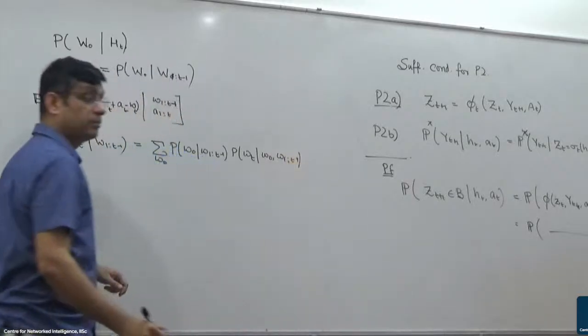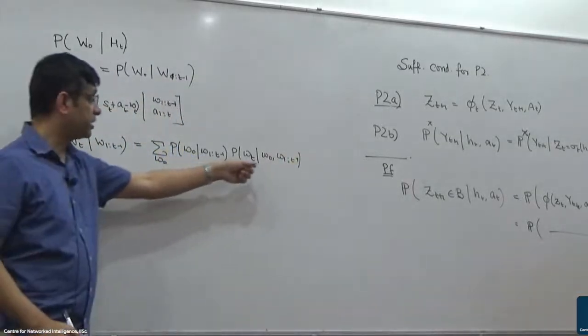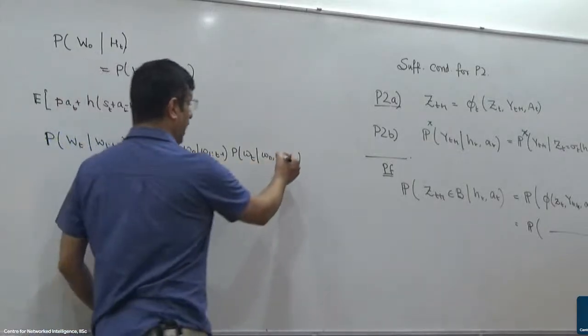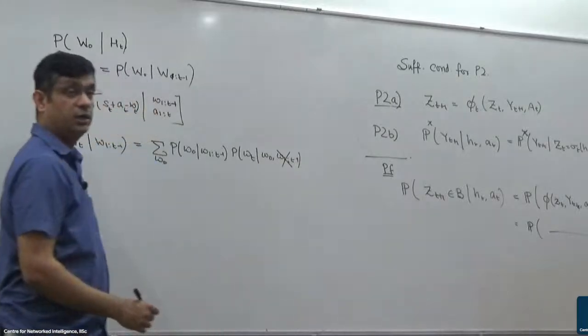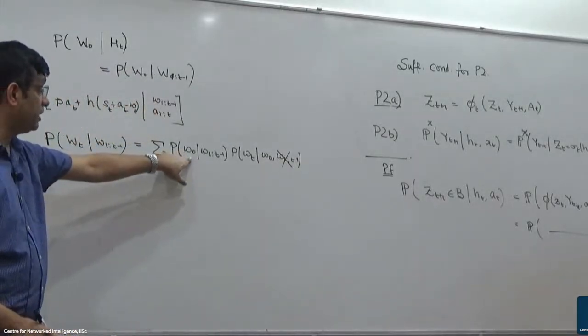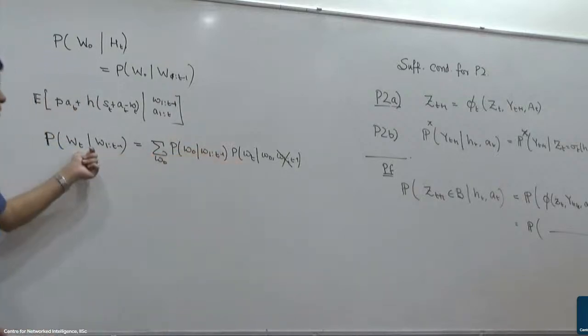In the simple case where conditioned on W0 everything was independent, which was my assumption, I can get rid of this quantity, and given the belief, I have a way of computing this distribution.